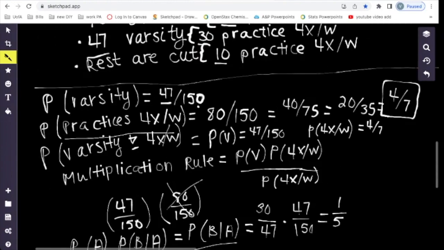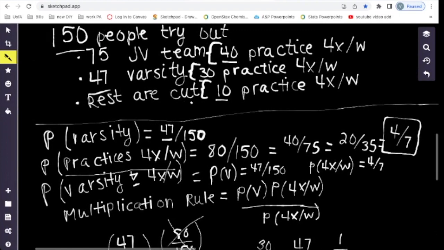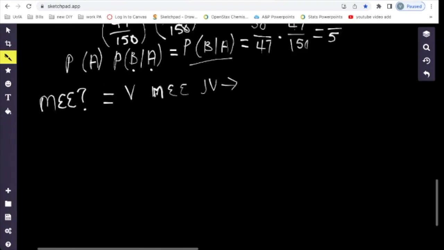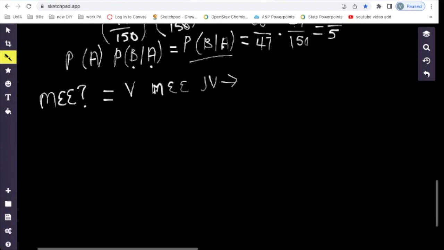Because the rest are cut. Nobody's being on both JV and varsity. So therefore, since they cannot occur at the same time, yes. The probability of being on JV and varsity is equal to 0. Therefore, this is a mutually exclusive event.